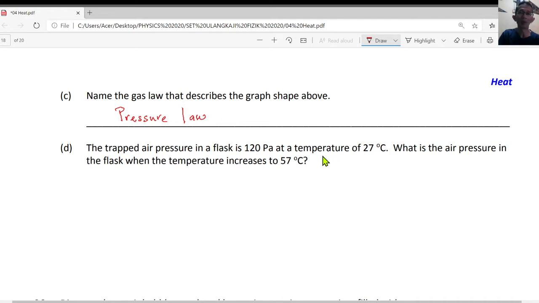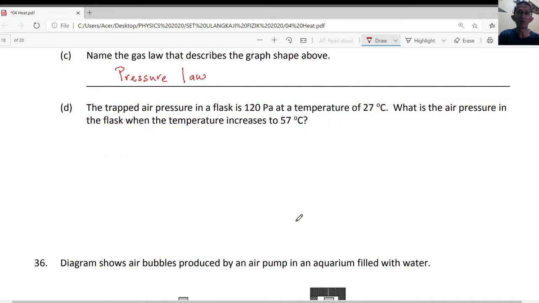Now D. The trapped air pressure in a flask is 120 Pascal. The temperature is 27 degrees Celsius. What is the pressure if the temperature is increased to 57 degrees Celsius? My P1 is 120 Pascal, and my T1 is 27 degrees Celsius. Remember, we don't work in Celsius, we work in Kelvin, so I have to add 273 to it.